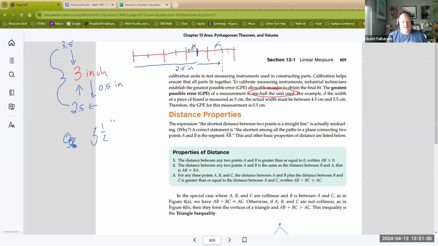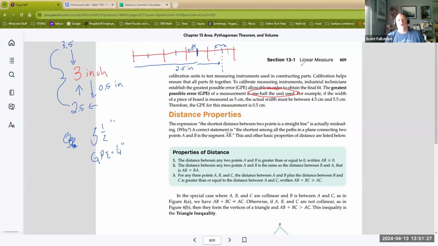So the most I could be off would be a quarter of an inch either way. And so the greatest possible error would be 1/4, because that's what we're measuring.